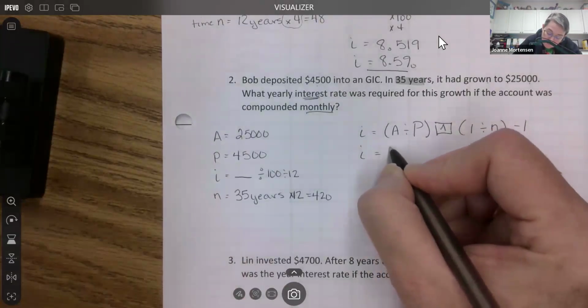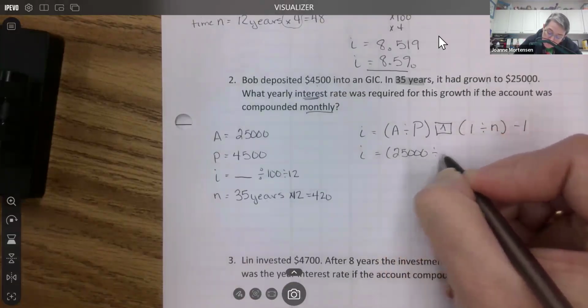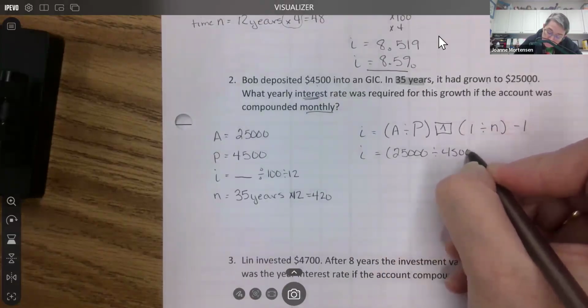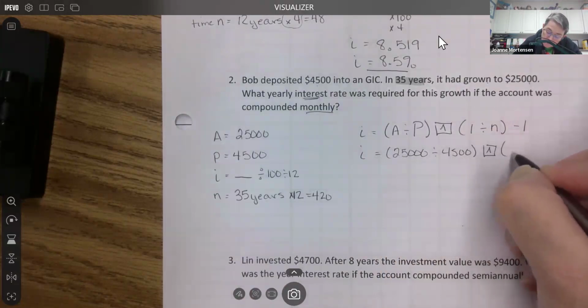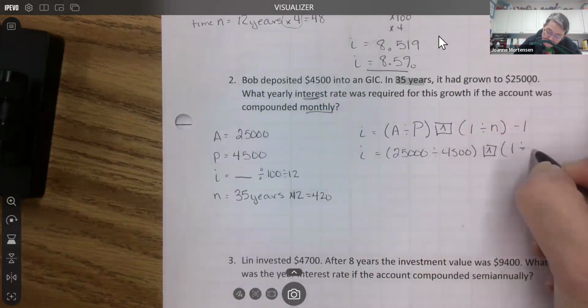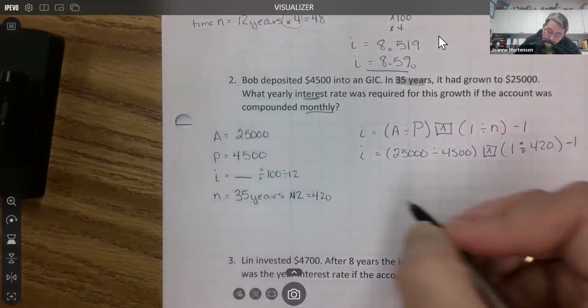A is 25,000 divided by 4,500, exponent 1 divided by 420, minus 1.